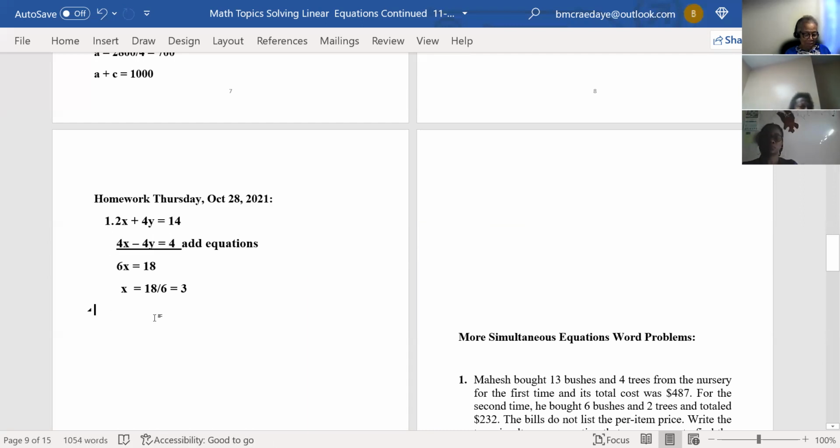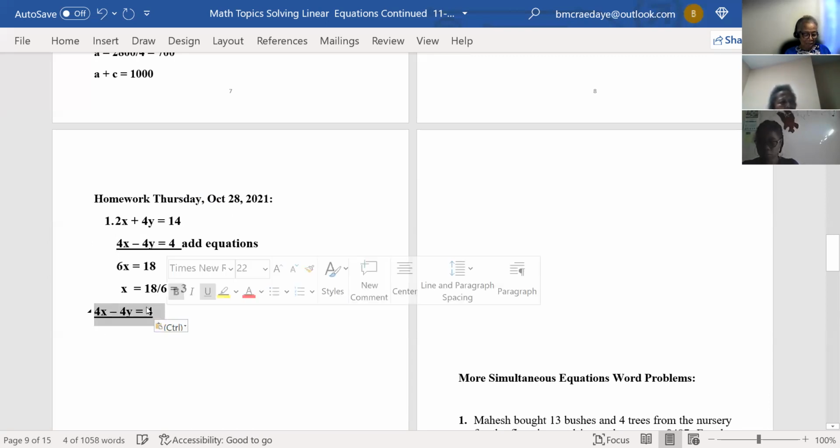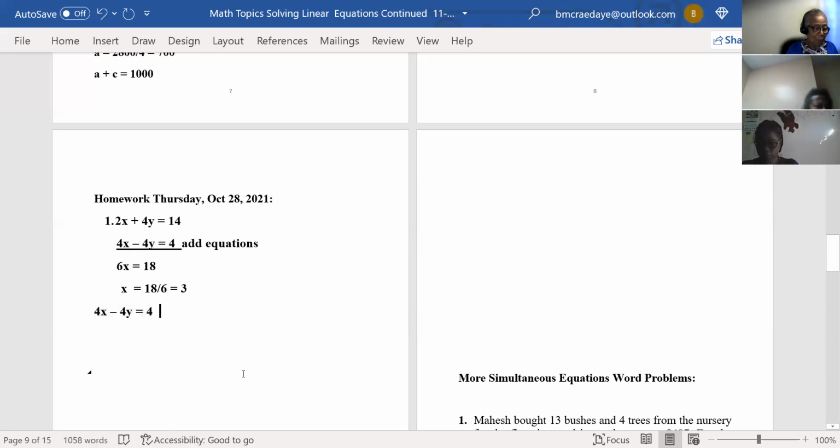Before you go any further, how did you get the 6x equals 18? Okay, I added these two equations, Maureen. 2x plus 4x, the coefficients, 2 plus 4, and I got 6x, right? And the plus 4y and minus 4y is 0.